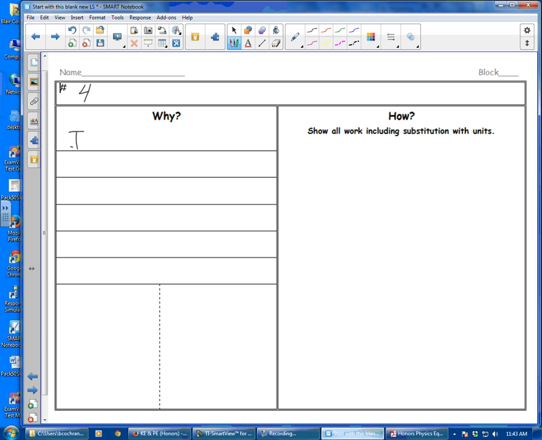If we increase speed, we increase kinetic energy. And the total work changes the kinetic energy.